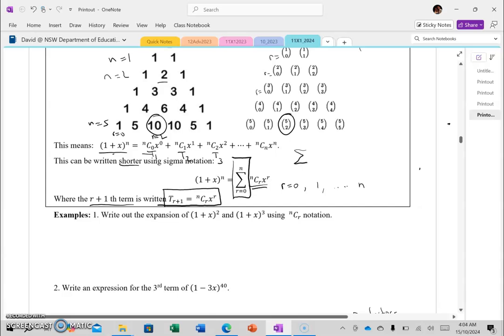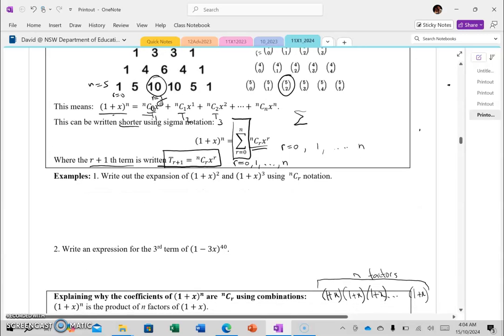Can you see that for each of these t's, the subscript value is 1 higher than the power, and 1 higher than this r value here. So 1 higher than the r value, hence why we put an r + 1. It should be noted that we go from r equals 0 all the way up to r equals n, and that's your n + 1 terms in your expansion, because we're going from 0 through to n.